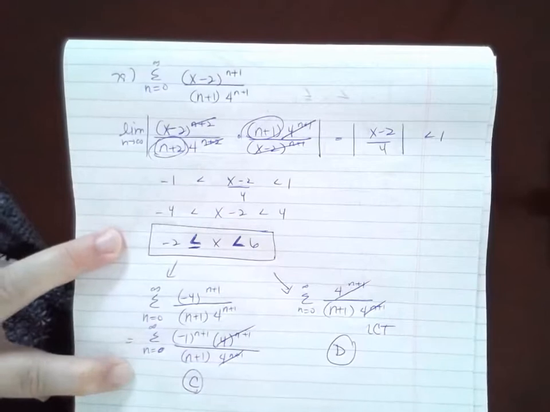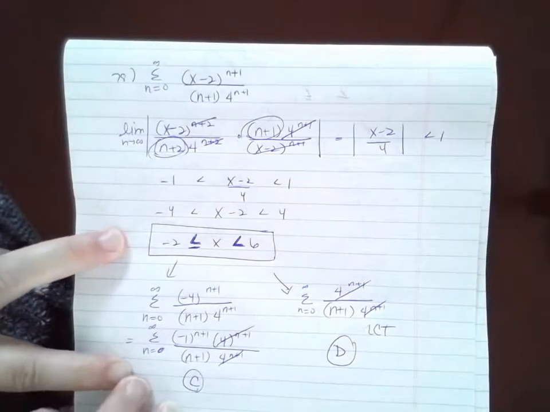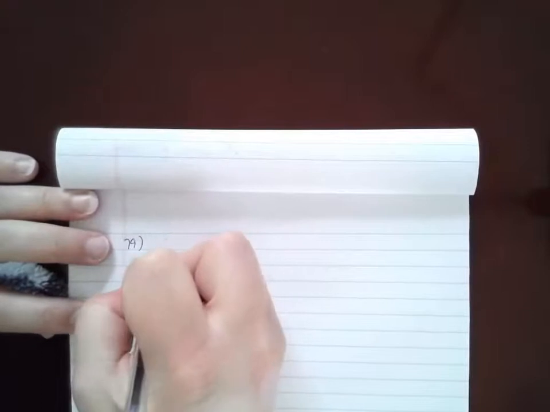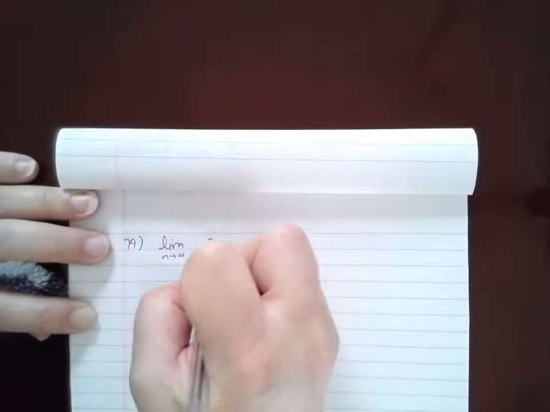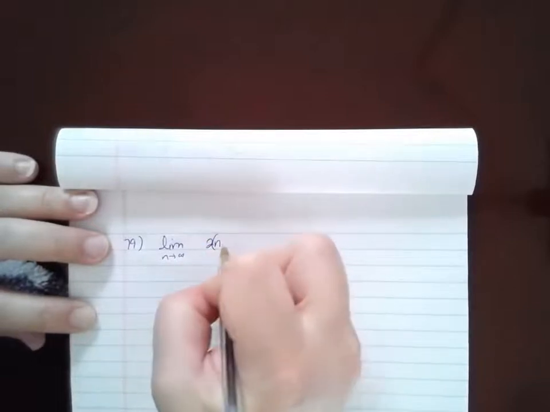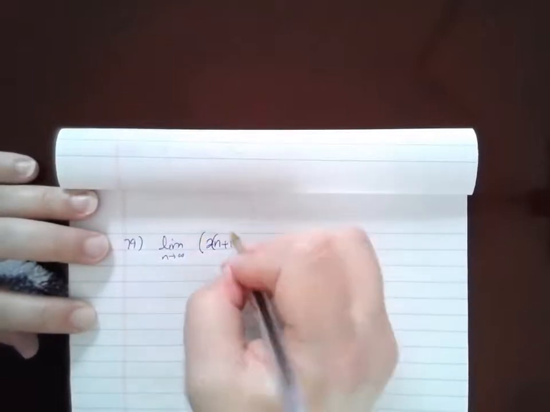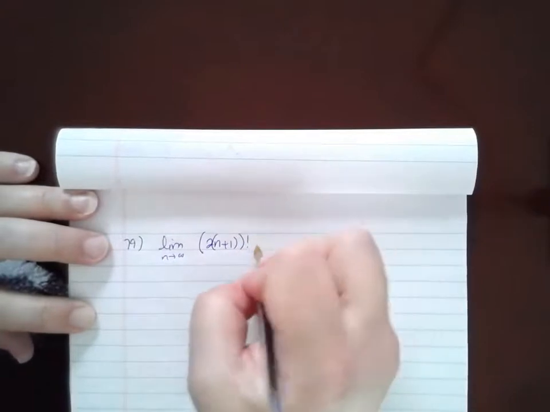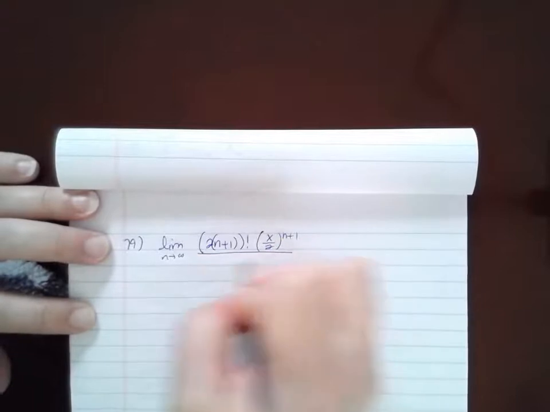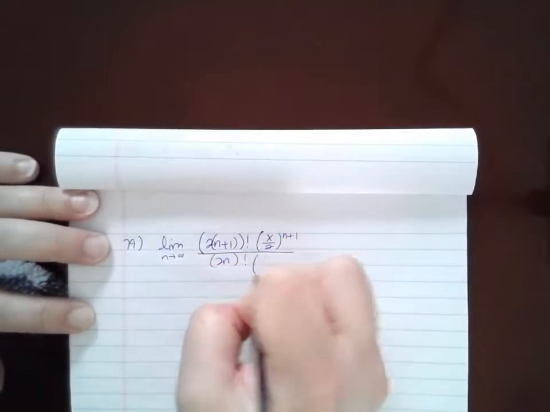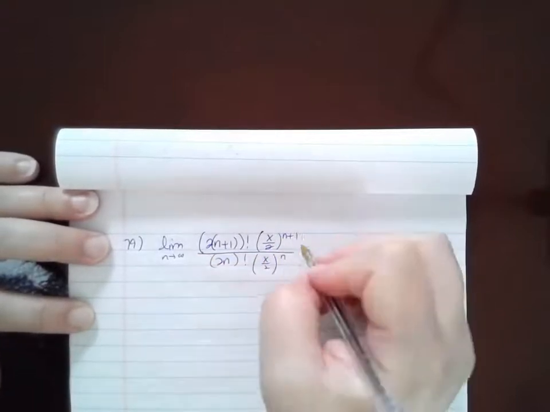So that's the new interval, negative 2 to 6, including the negative 2. Note 79. I'm just going to jump to the limit. I've got the limit as n approaches infinity of (2(n+1))! times x over 2 to the n plus 1, over (2n)! times x over 2 to the n.